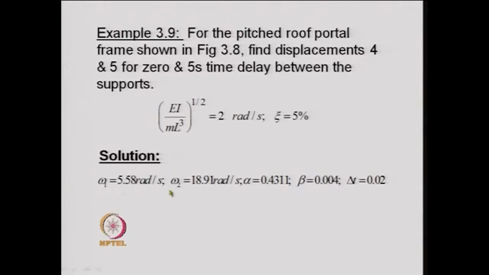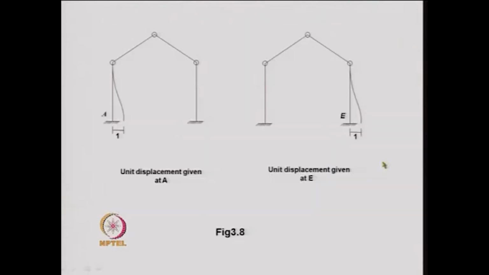By solving the eigenvalue problem, we get the frequencies omega 1 and omega 2 as these values, and from that we computed alpha and beta as that, and delta t was taken as 0.02.